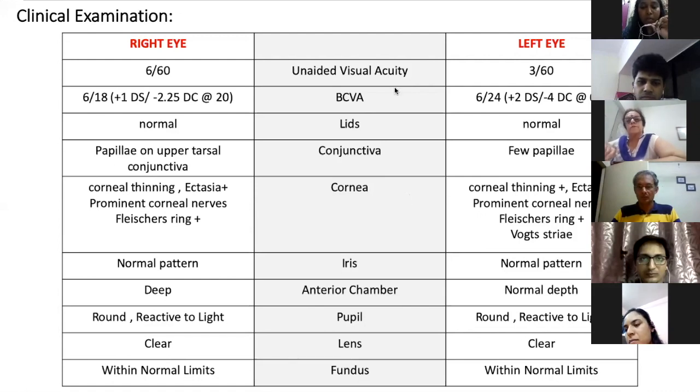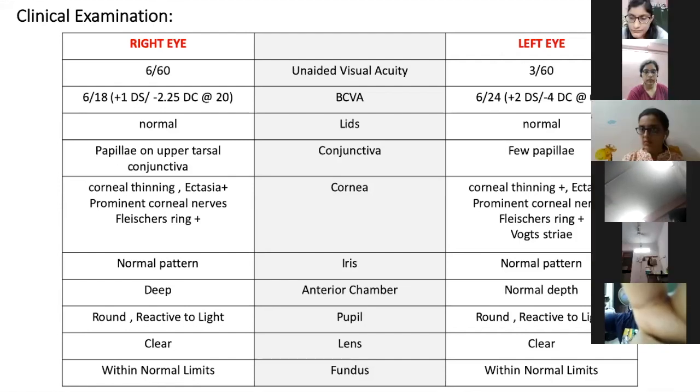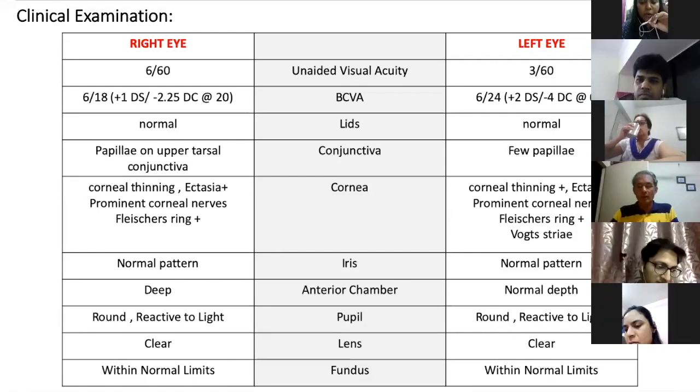What are the indications for C3R? Do you do it on all keratoconus patients or certain keratoconus patients? No, sir. Progressive keratoconus, with progressive thinning of the cornea, where the change should be monitored within 6 months, as well as post-LASIK ectasia, you can go for C3R.